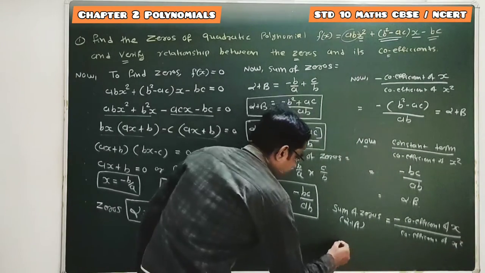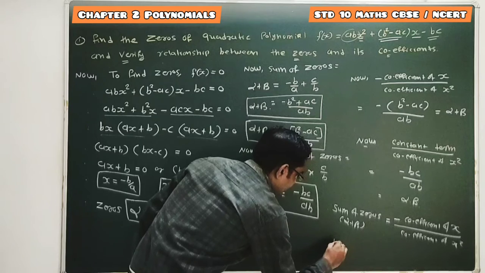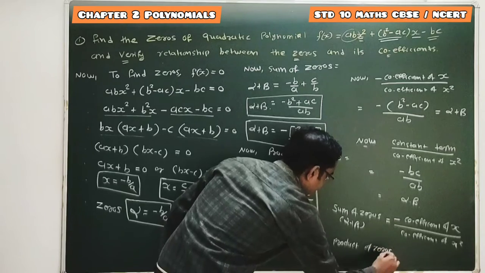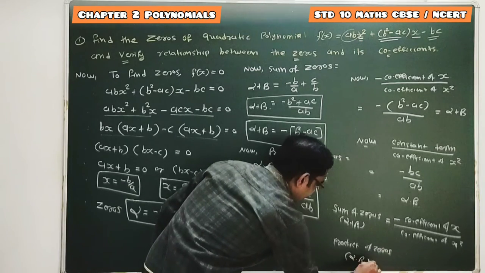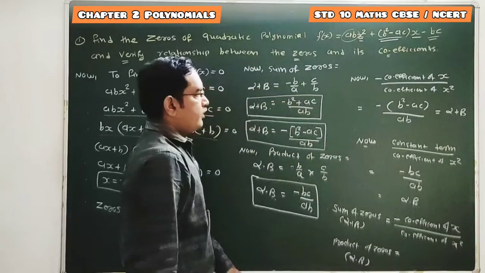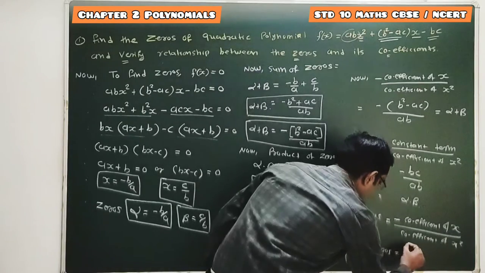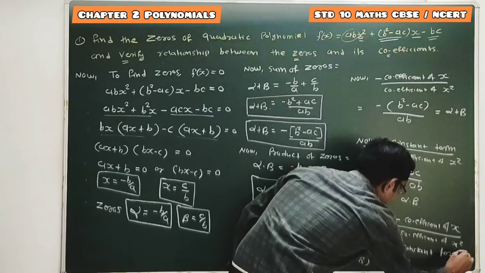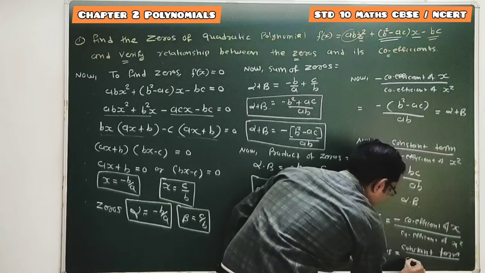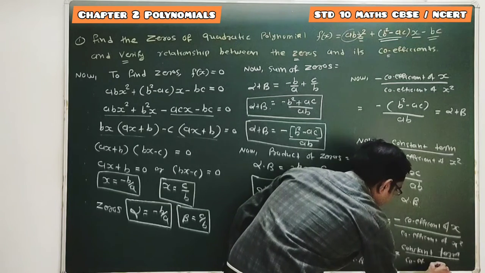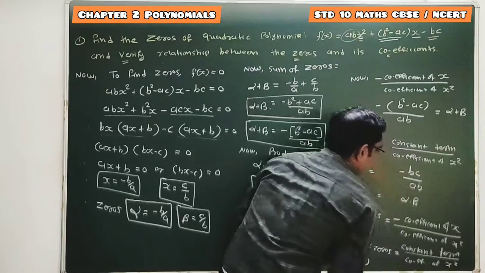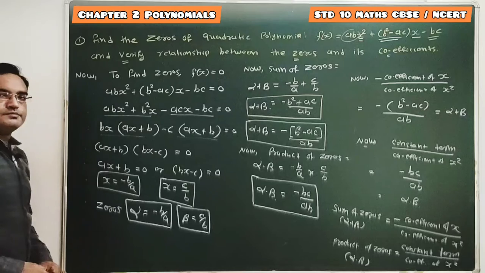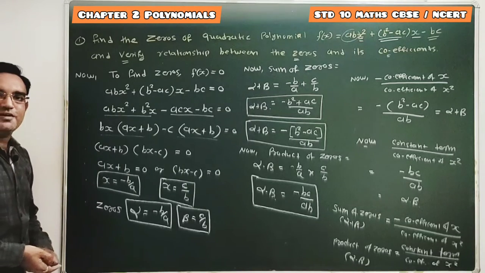And the second relation that we have to verify is the product of zeros, which is alpha into beta, and that is equal to the constant term upon the coefficient of x square. These two relations we have to verify. Clear, students? So now pause this video and note it down.